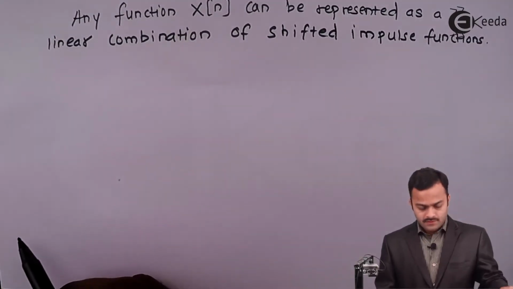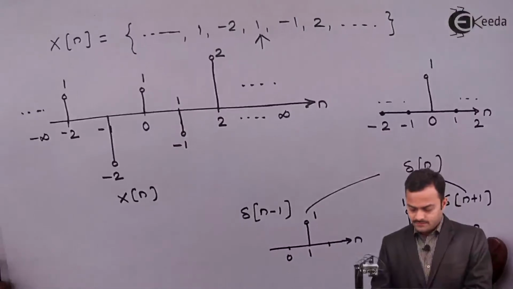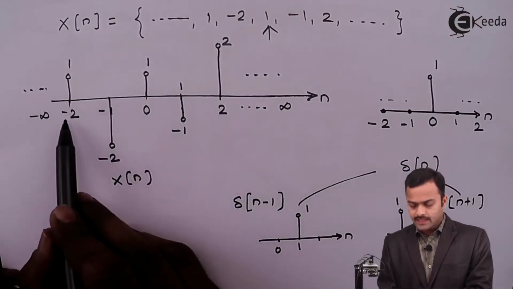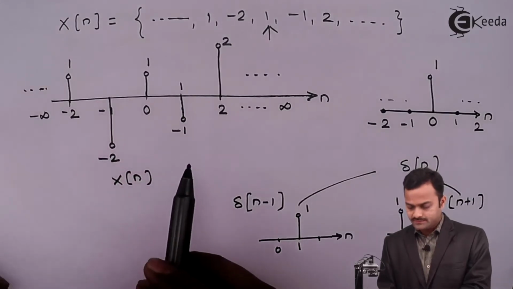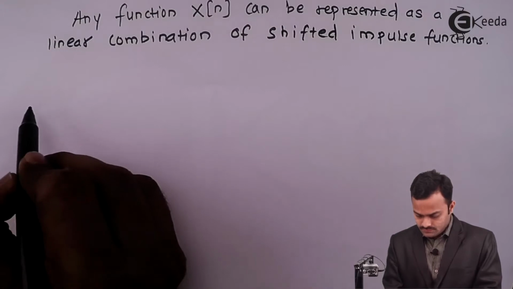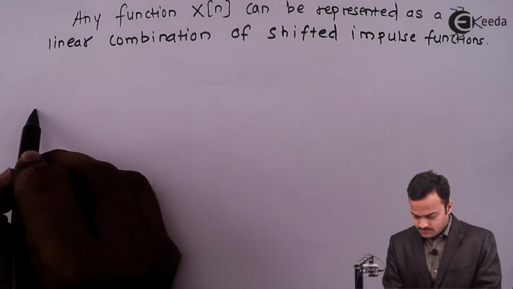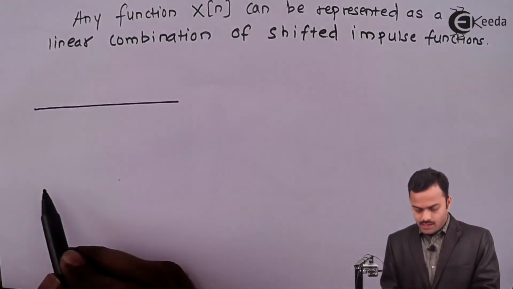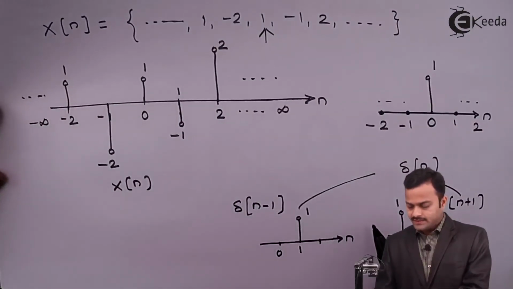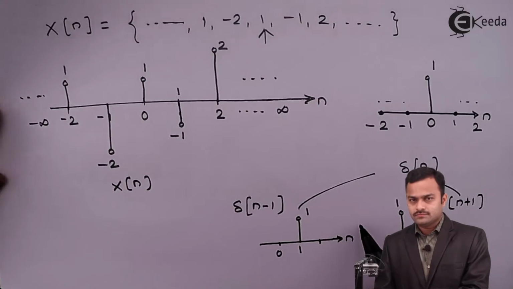Meaning, let's take this example where I need to know the value at n equal to minus 2 for x of n. What I will do is simply multiply this x of n with delta n plus 2.